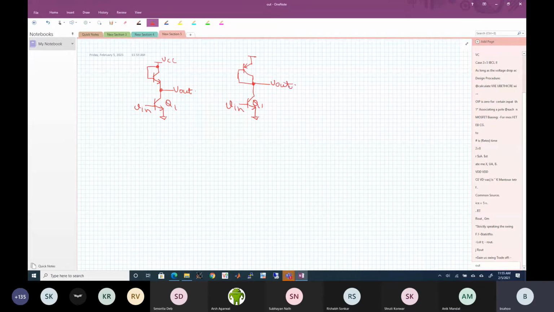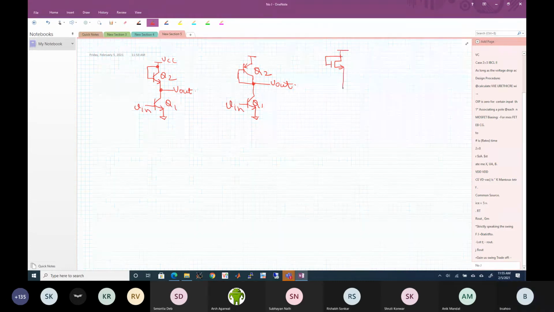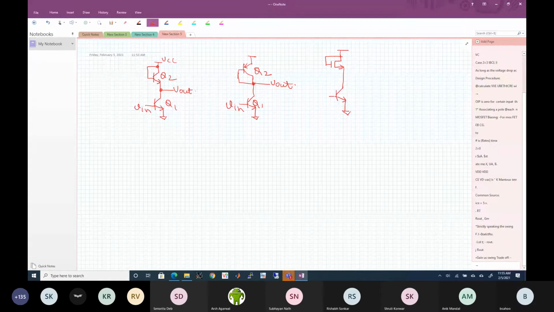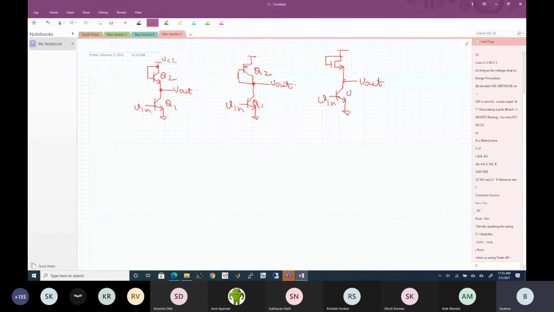Please write this down. Q2. Now I can mix transistors. Q1, M1, I could mix transistors again.